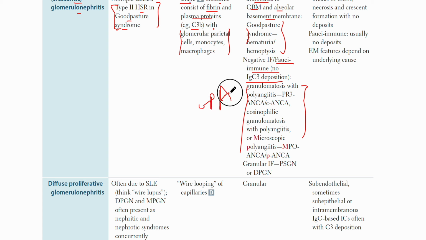There might not be any immunofluorescence deposits. And PR3-ANCA, C-ANCA, eosinophilic granulomatosis with polyangiitis or microscopic polyangiitis as in MPO-ANCA, P-ANCA, and granular immunofluorescence as in PSGN and DPGN, diffuse proliferative glomerulonephritis and post-streptococcal glomerulonephritis.